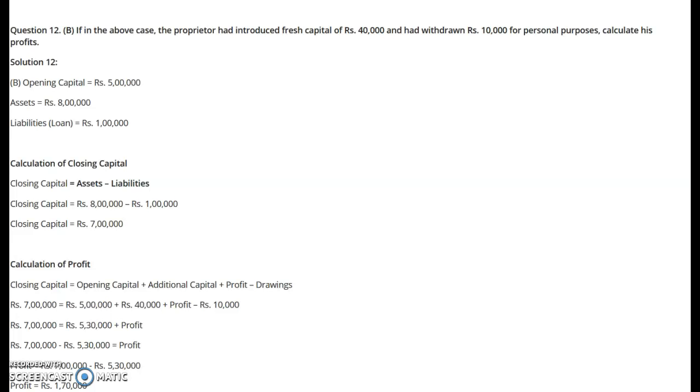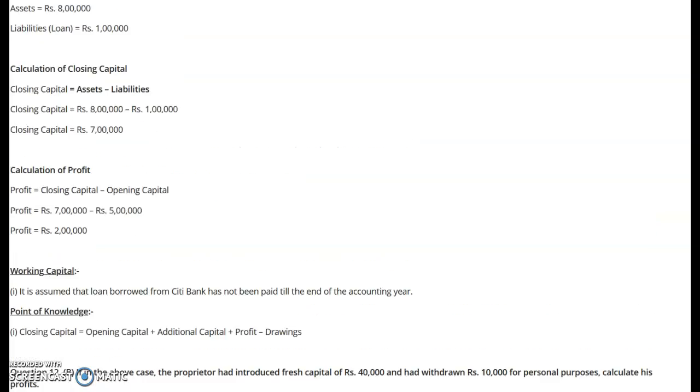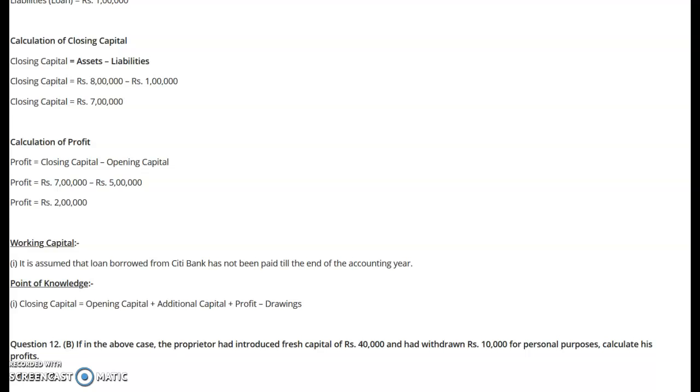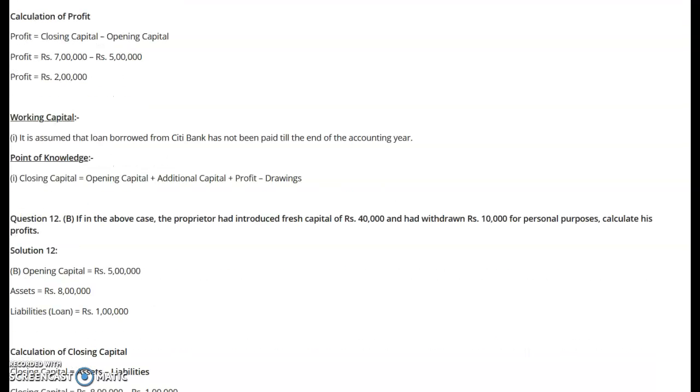Calculate its profit now. The statement will be the same as in case of part A, but the only addition is that additional capital was invested, rupees 40,000, and drawings were made of rupees 10,000. Then we have to find out the amount of profit during the year.